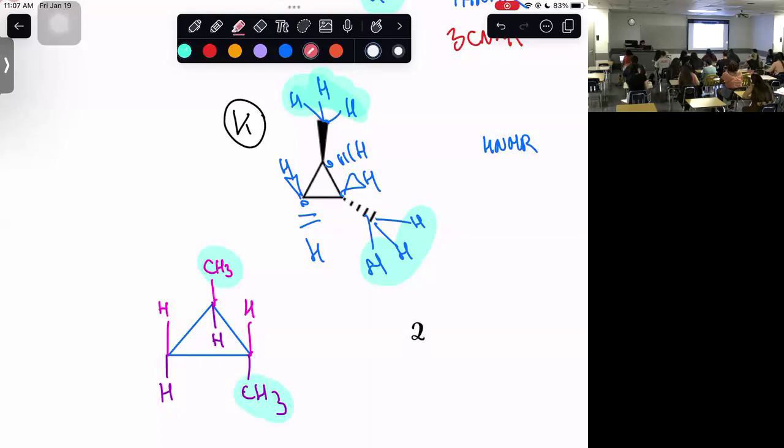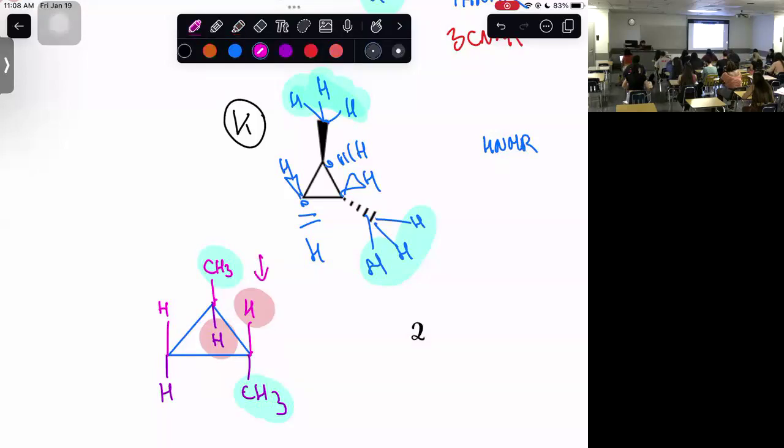Now, these two guys, are they going to be the same signal or different signals? What do we think? Why the same? Exactly. So overall, even though they're trans, they're exposed to the same exact environment.